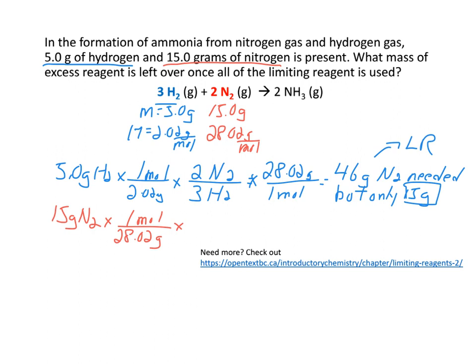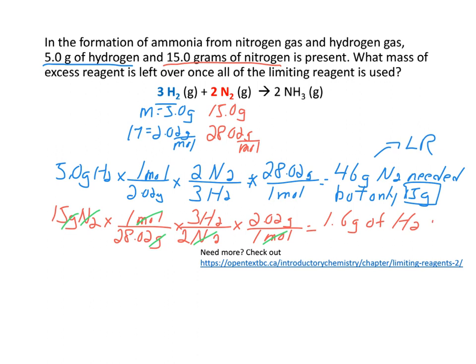So now we go with the mole ratio for hydrogen on top and nitrogen on the bottom, and then multiply by the molar mass of hydrogen. Double check that our units cancel out. Nitrogen, nitrogen, moles, moles. So indeed it does. And then our calculation tells us we need 1.6 grams of H2.